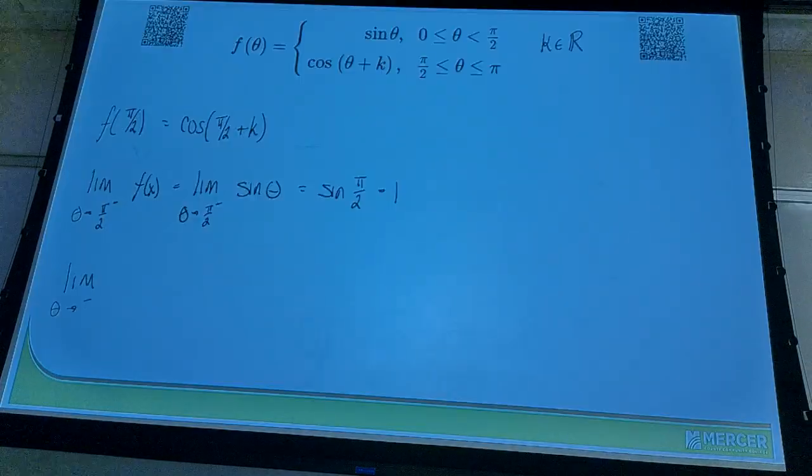Now from the right. Which piece is it? Cos of theta plus k.